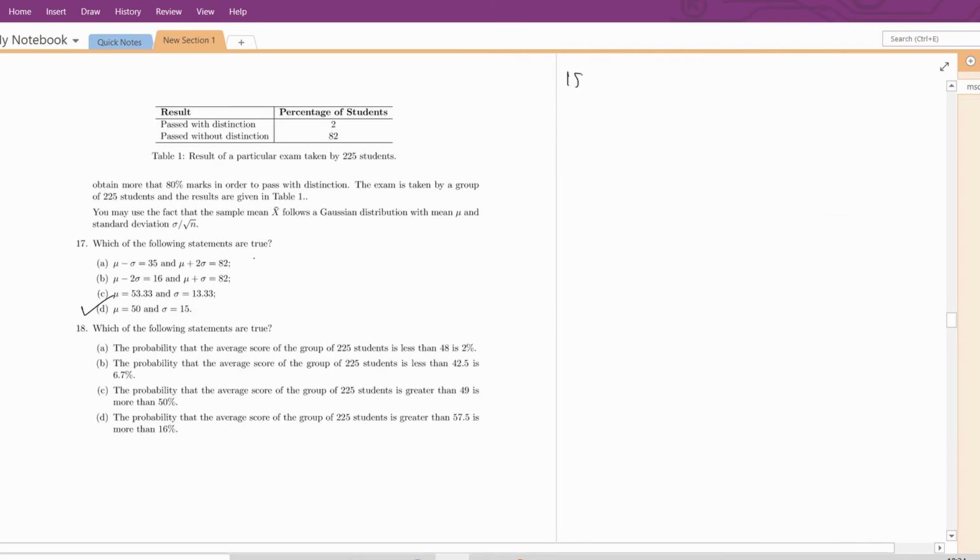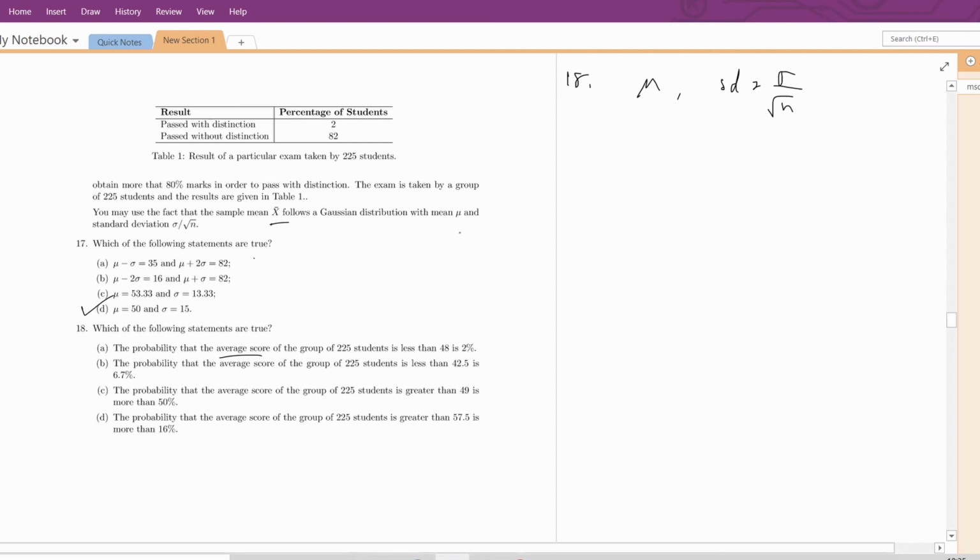Now question number 18, which of the following statements are true? Here we can see that the sample mean x bar follows a Gaussian distribution with mean mu and standard deviation sigma by root n. So in question number 18 we are dealing with the average score, which is the mean of the scores.